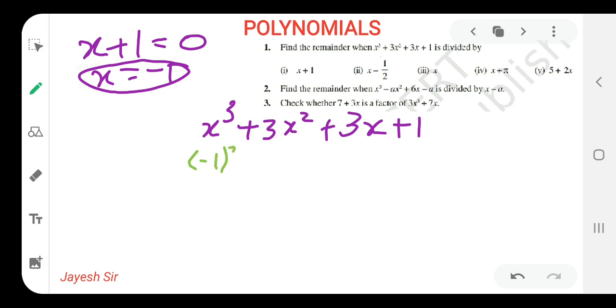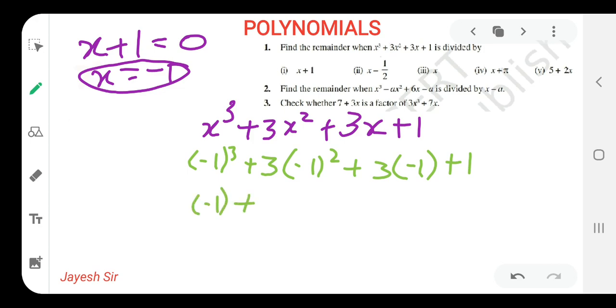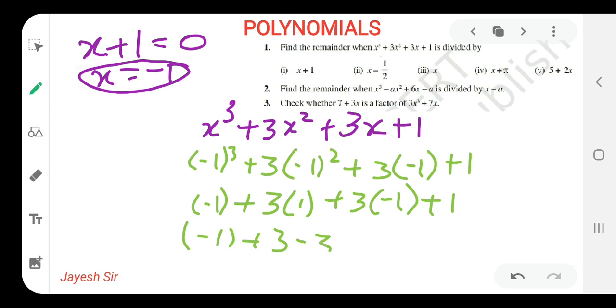So minus 1 cube, that is minus 1, plus 3 into minus 1 square, that is 1, so plus 3, plus 3 into minus 1, that is minus 3, plus 1. Now we can further solve it.